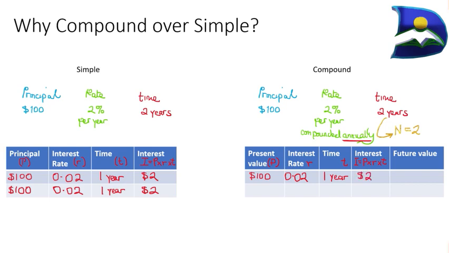$2. So if you add the $2 to your principal, or present value, we get our future value, which is equal to $102. Now take note that once we head into the next pay period, which in this case is year 2, we are using the future value of the previous period as the new present value.